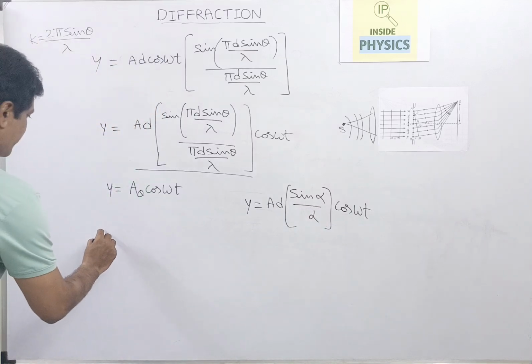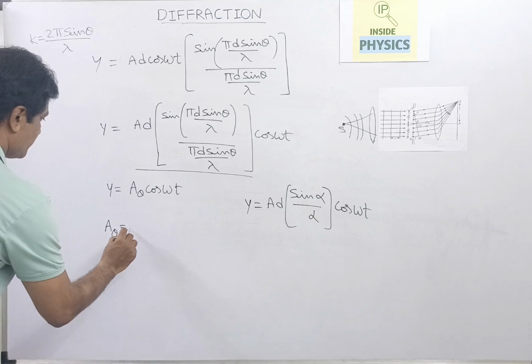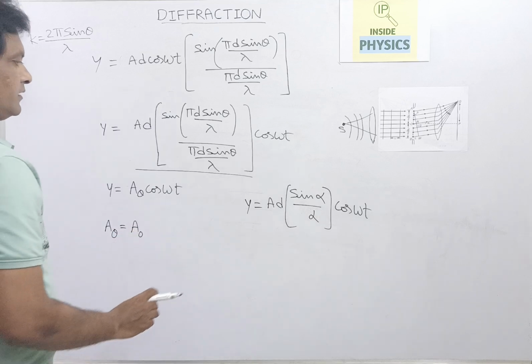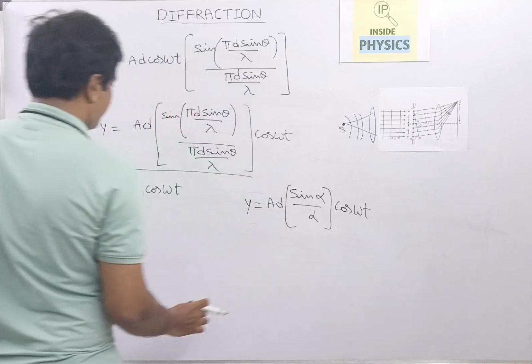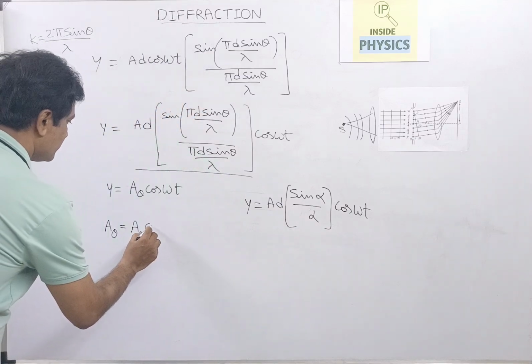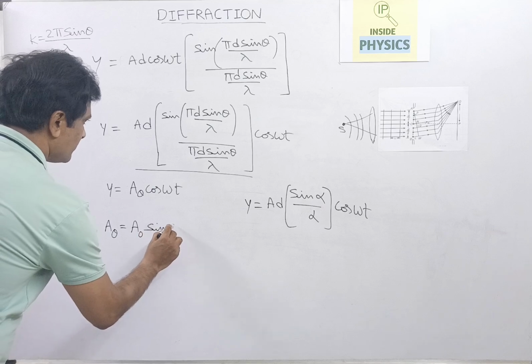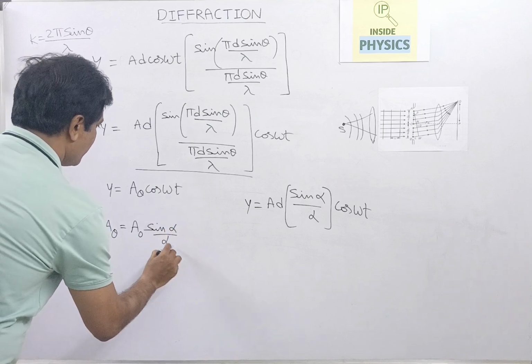We can write the amplitude a theta equal to a naught, so this is a naught sin alpha by alpha.